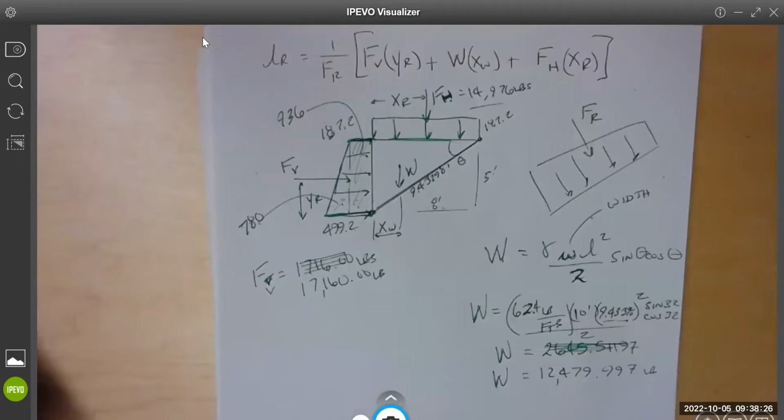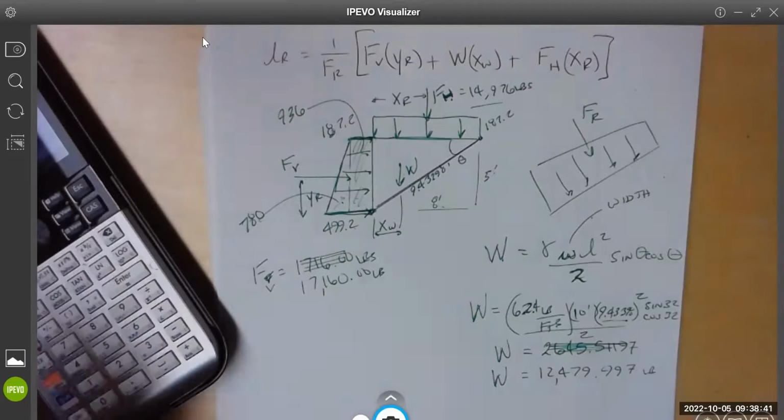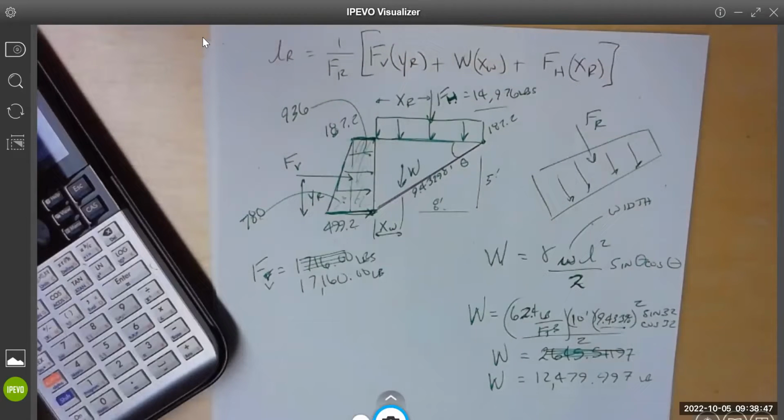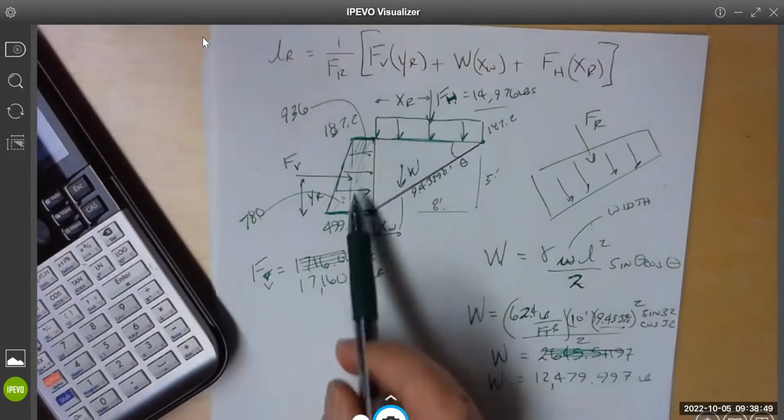Wait, that's for a vertical surface. The pressure location is determined as the centroid of a trapezoid, Y sub R. I think that's what we need. Oh, we have a vertical surface. You're right, Ryan.